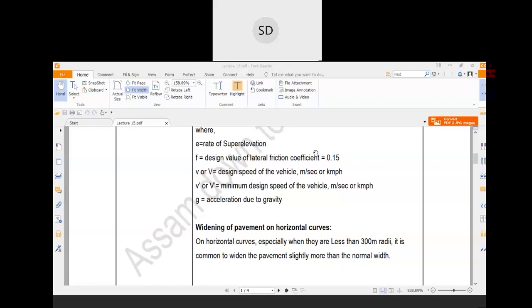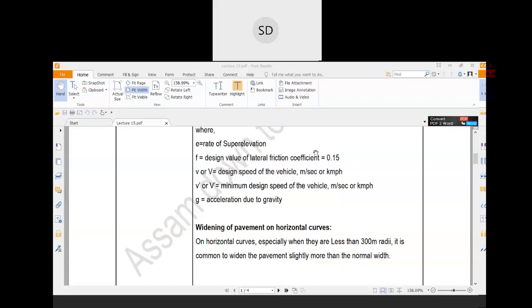In a survey, design speed is the 98 percentile speed. That is, we consider a speed value for which 98 percent of the vehicles are moving at or below that speed, but there are always 2% left. So 2% of vehicles are moving with a speed higher than the design speed.